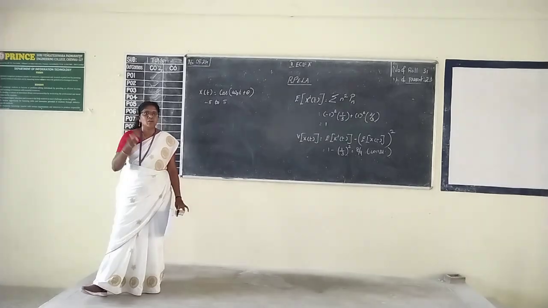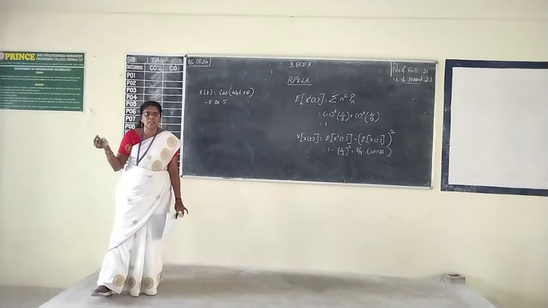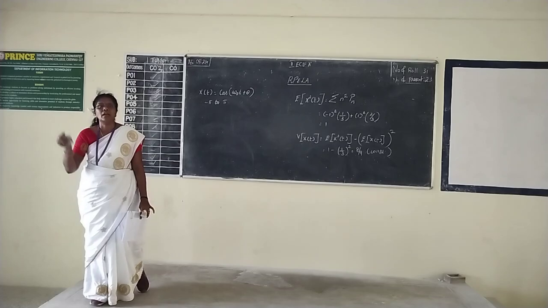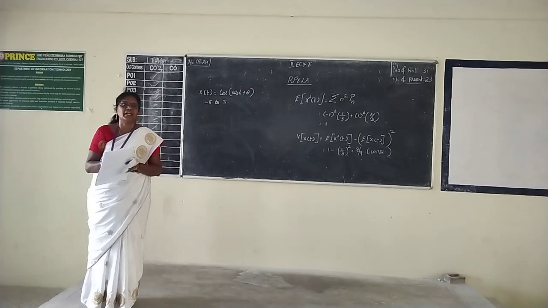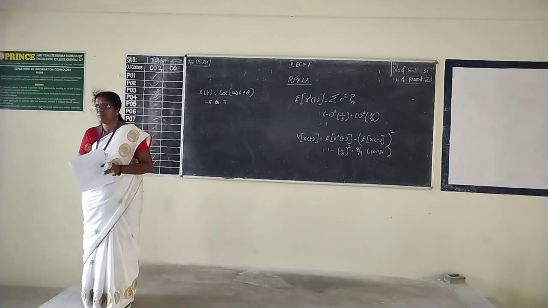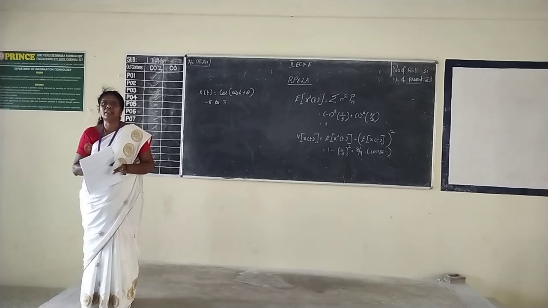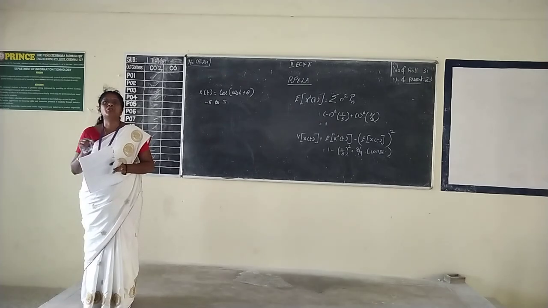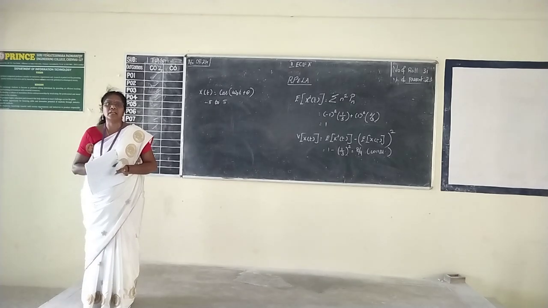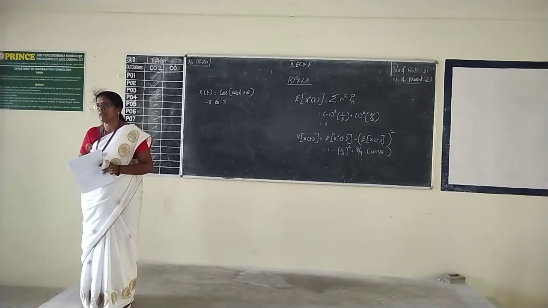Simple one: 1 by upper limit minus lower limit. That is our uniform distribution. They will not write f of theta for you; once they mention the distribution, we have to write it by recalling the definitions in your unit.